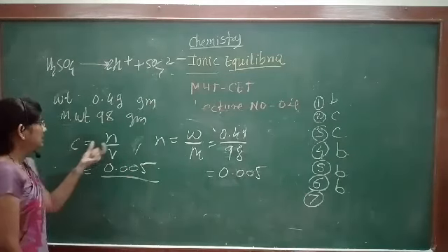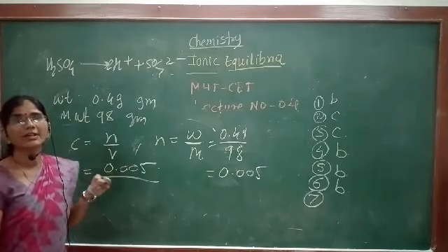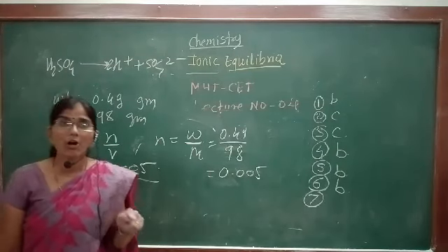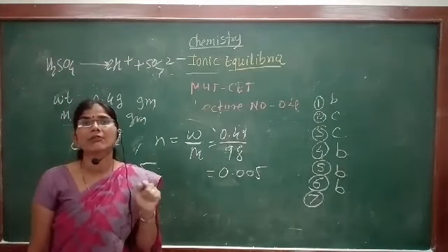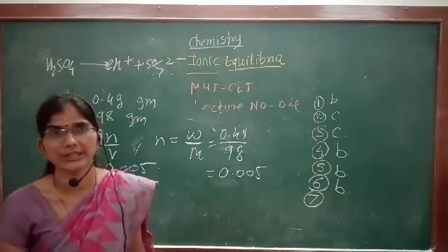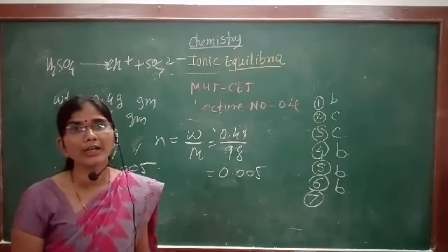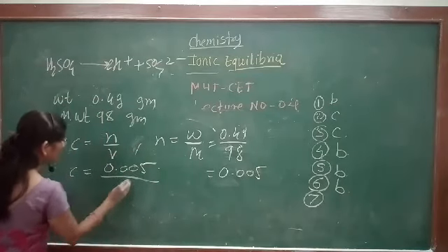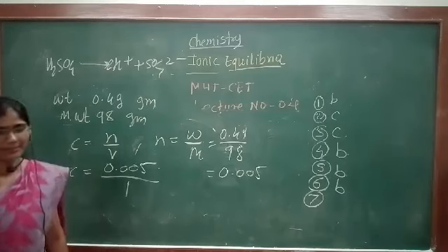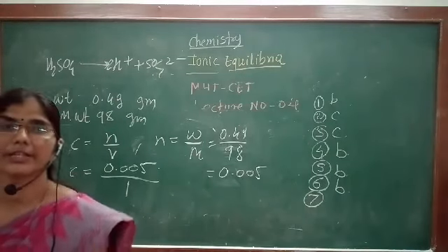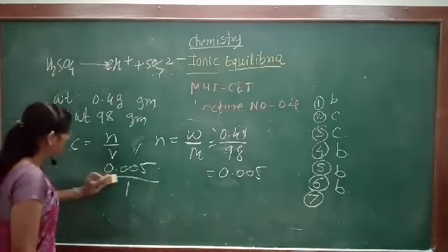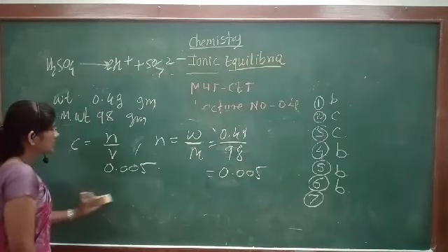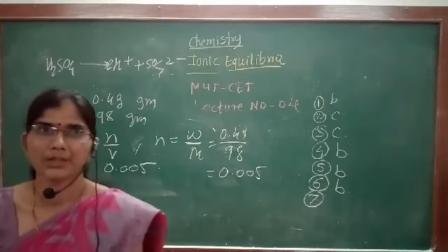So the volume of the solution is given, it is 1 liter, and therefore the concentration of H plus is 0.005.